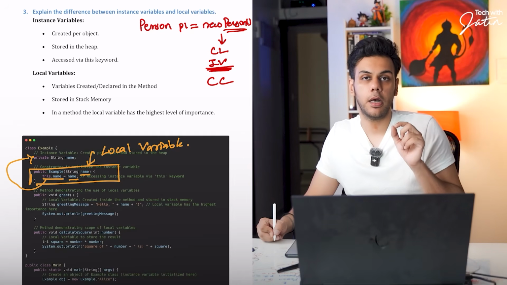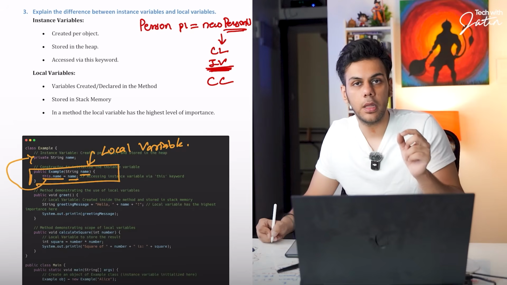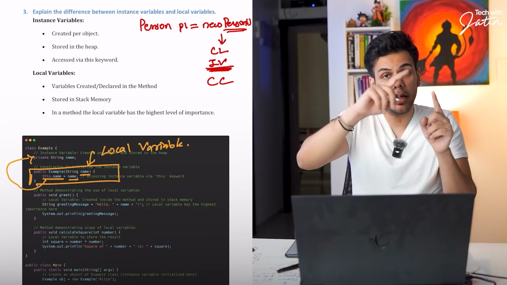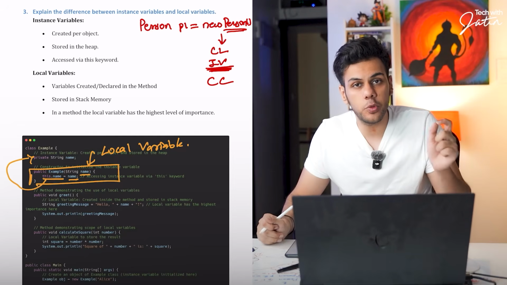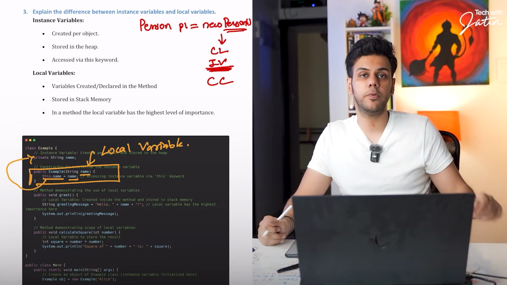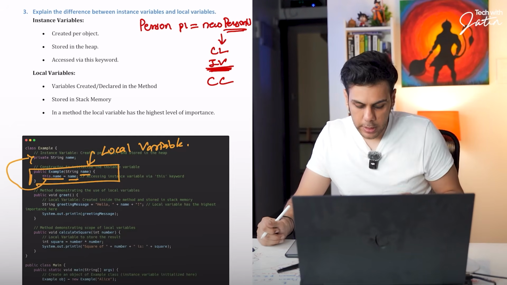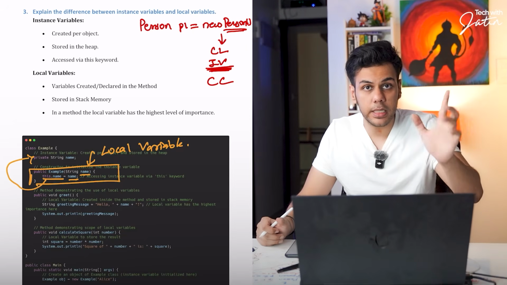Whenever inside a method the local variable and the instance variable have the same name, we have to use the this keyword to differentiate between them. The this keyword is always going to refer to the instance variable.